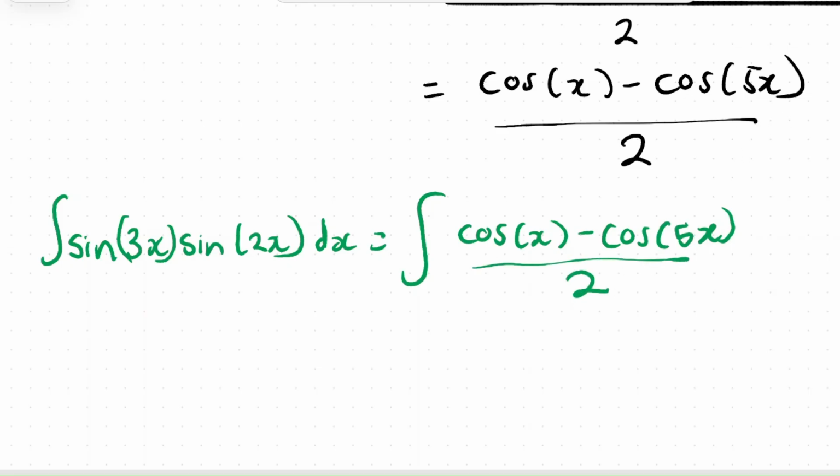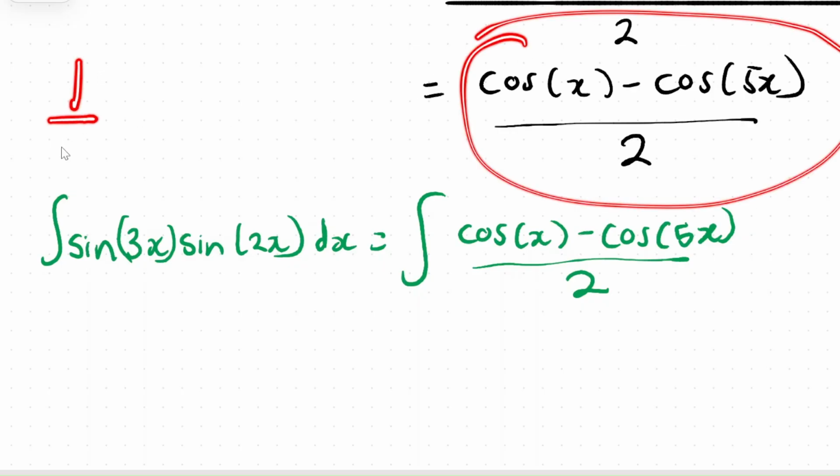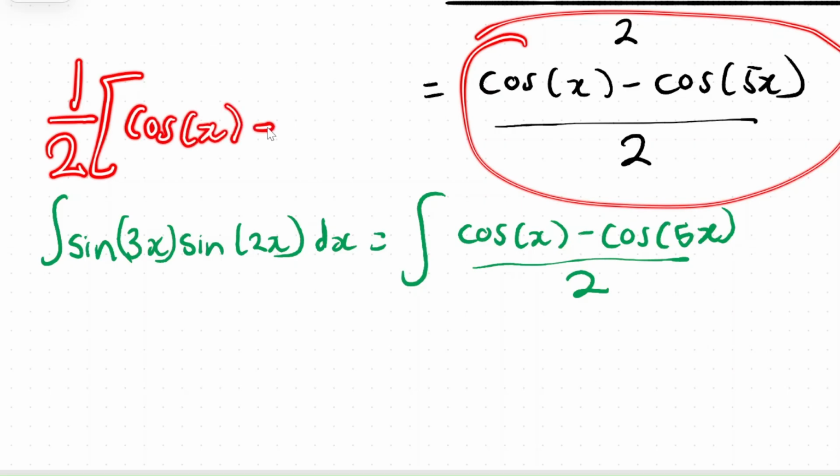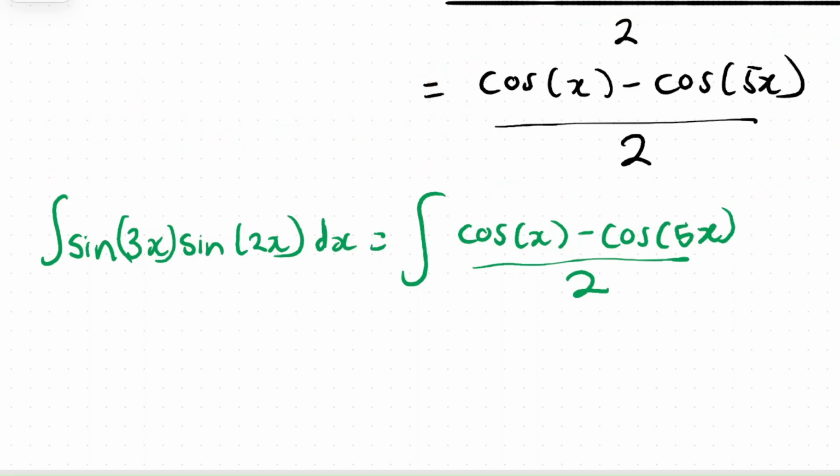We can also write this down as half of cos of x minus cos 5 of x. So let's rewrite that.